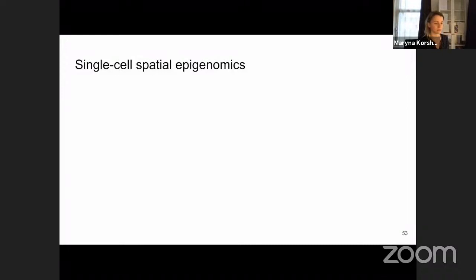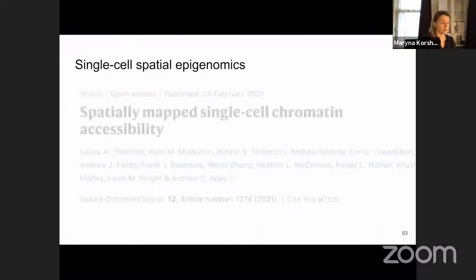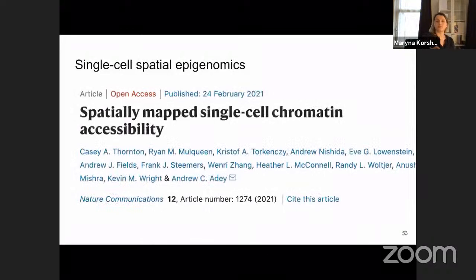And I was really excited that a lot of people are investing in research on optimizing and developing new techniques. So similarly to single cell transcriptomics that we slightly discussed in the first lecture, you can do single cell epigenomics as well. And it is also a pretty new, fresh method.